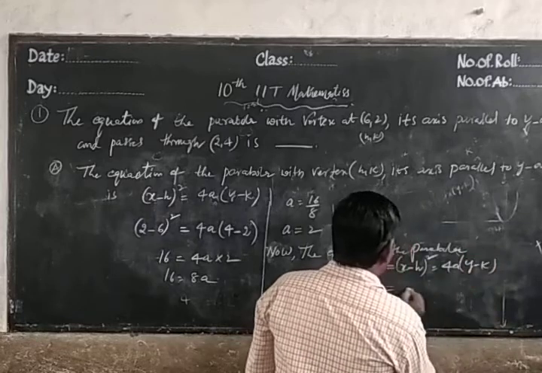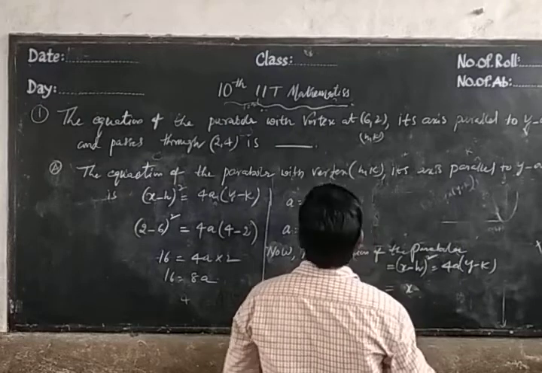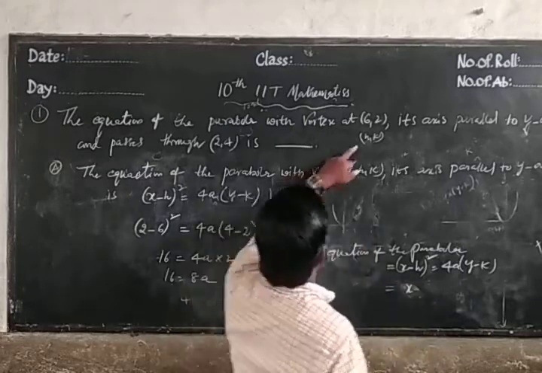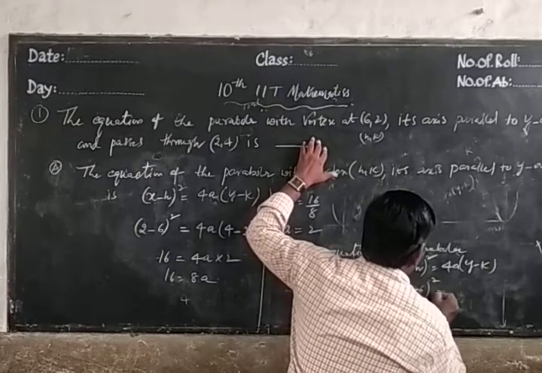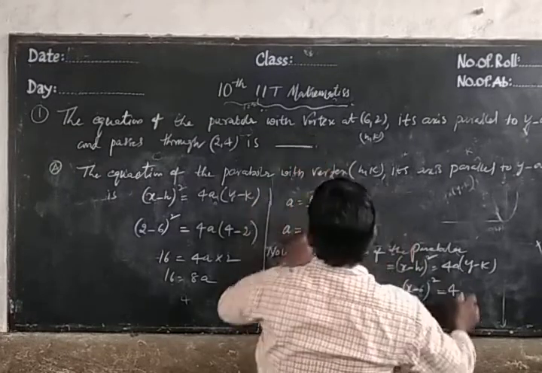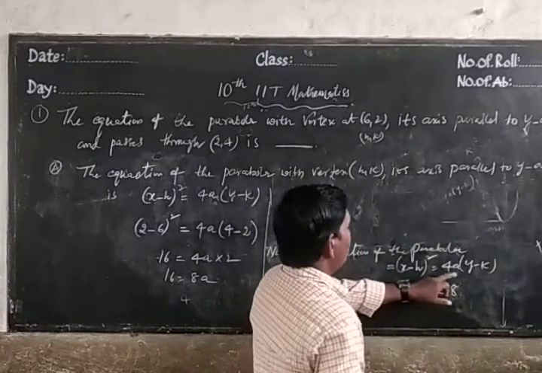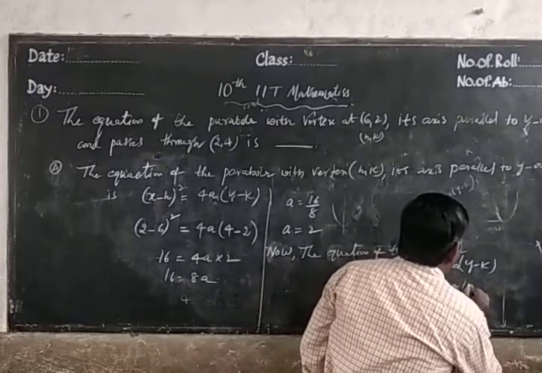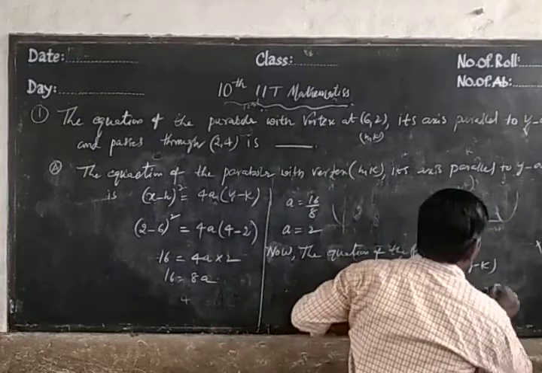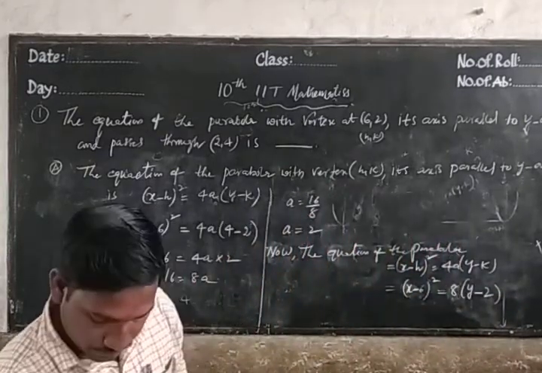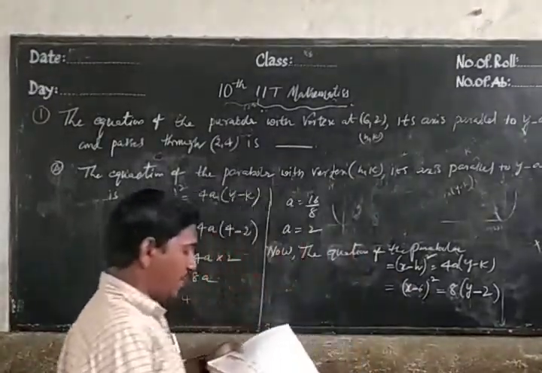That means x minus, what is the h value here? 6. (x minus 6) whole square, 4a. 4a means 4 into 2, 8. Y minus k. What is the k value here? 2. So check your answer: (x minus 6) whole square equal to 8 into (y minus 2).